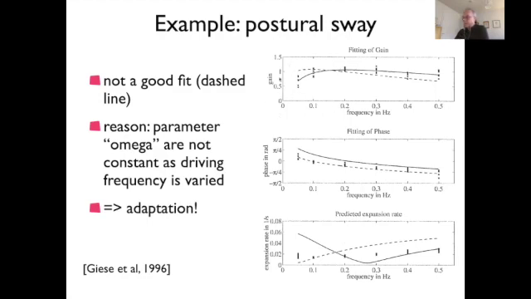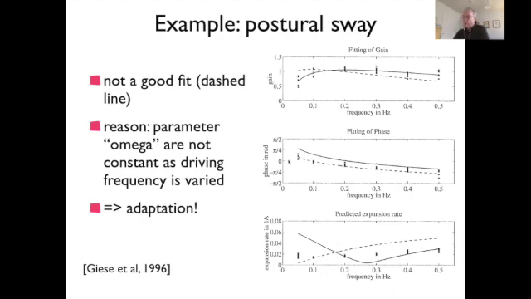You measure something like a gain, something like a phase of the resulting sway. And you see a few curves fitted here from this model. You see, for instance, that the dashed curve isn't quite right, it's systematically wrong. And here the solid curve is systematically wrong. I won't go into the details of what these different techniques are, but they are failures of the model.